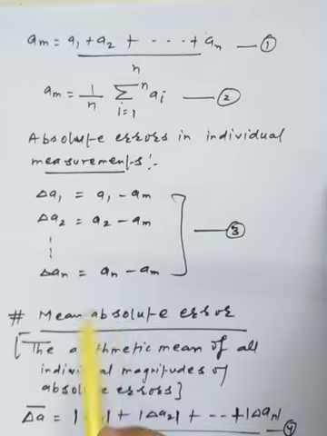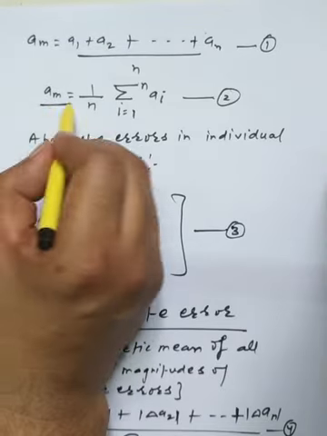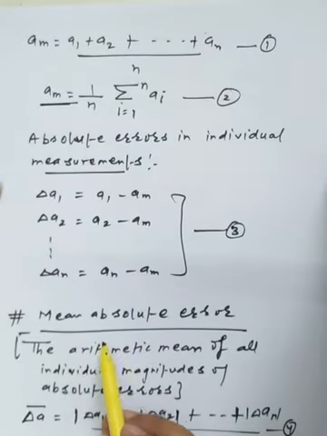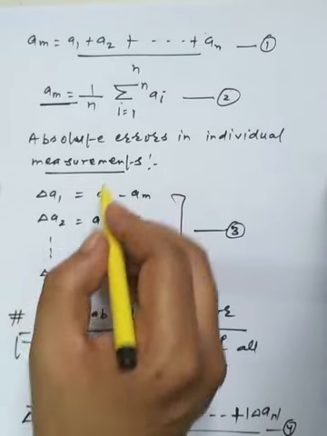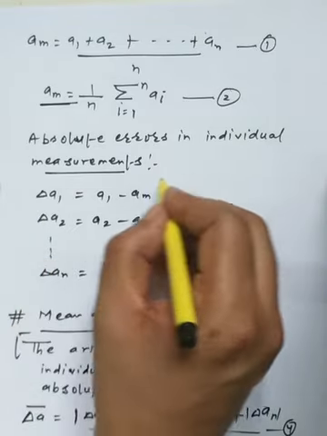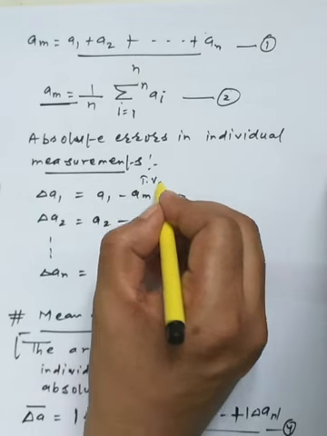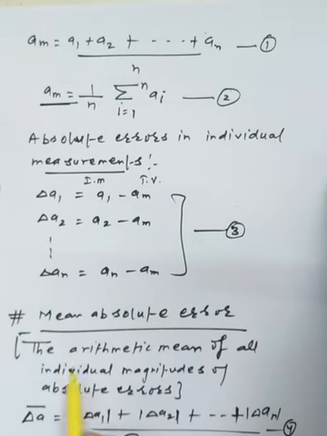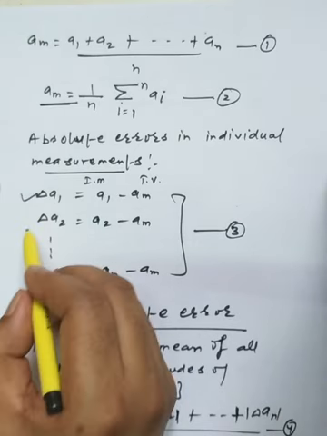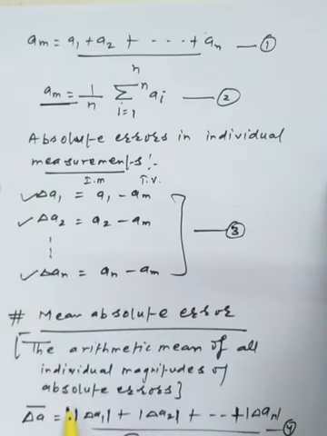The arithmetic mean will give the true value of the physical quantity, and we want to calculate the absolute errors in the individual measurements. So this is the true value, and this is an individual measurement we have. So we get the individual absolute error in a physical quantity.